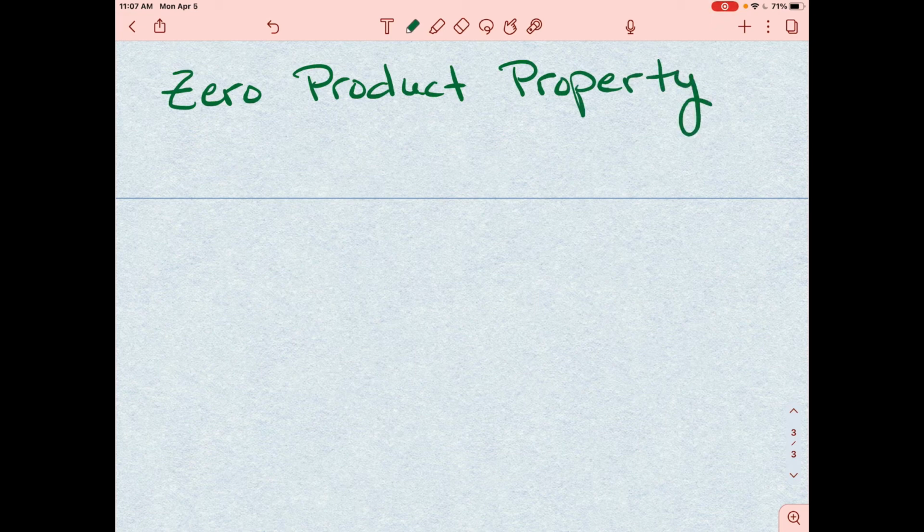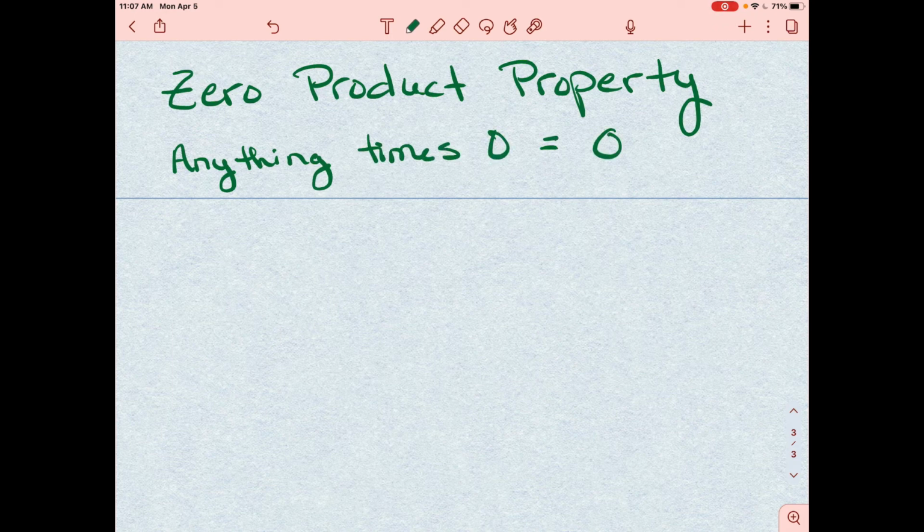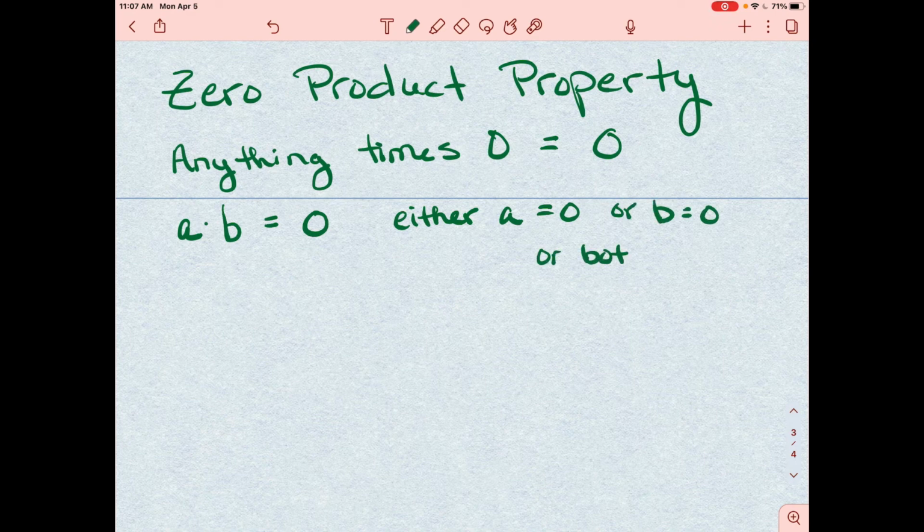Anything times 0 equals 0. And if I have two things to multiply together, like a times b equals 0, then either a must have been 0, or b must have been 0, or both, because 0 times 0 is 0.